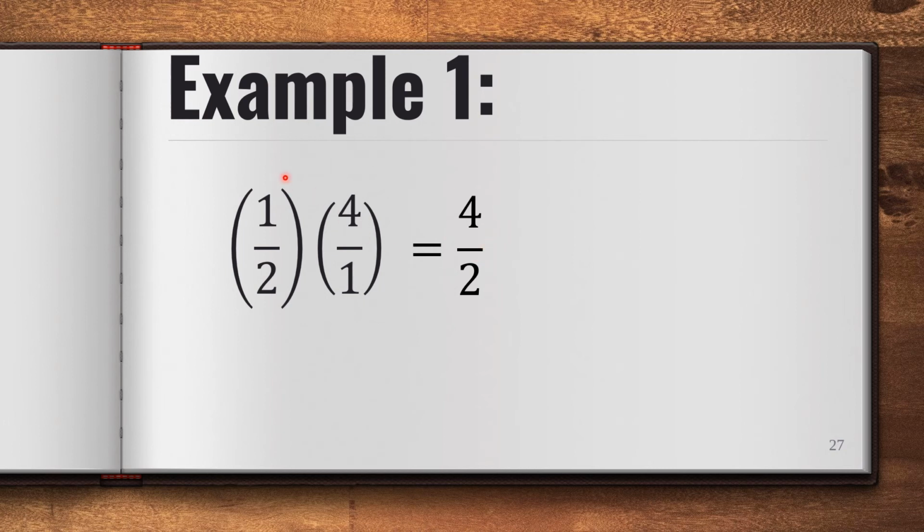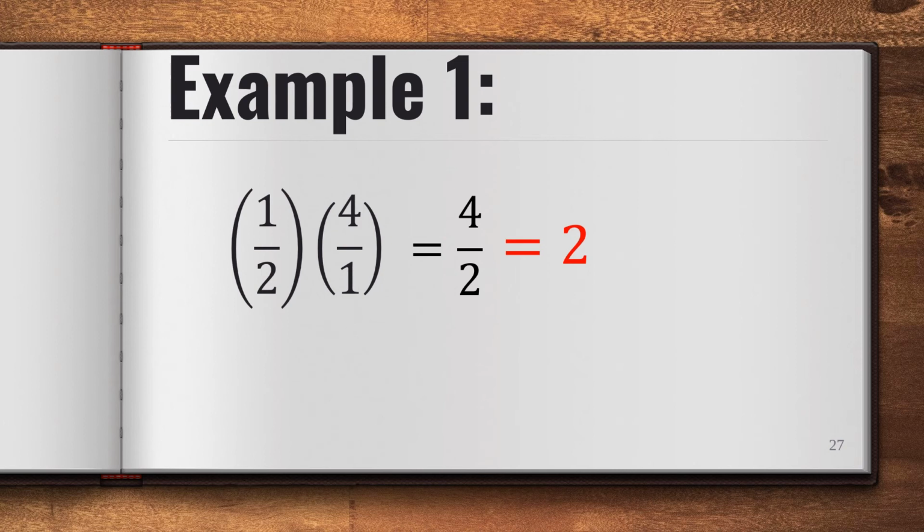That is because 1 times 4 is 4, 2 times 1 is 2. But 4/2 can still be simplified, isn't it? If you simplify this, the answer is 2. That's as easy as that.